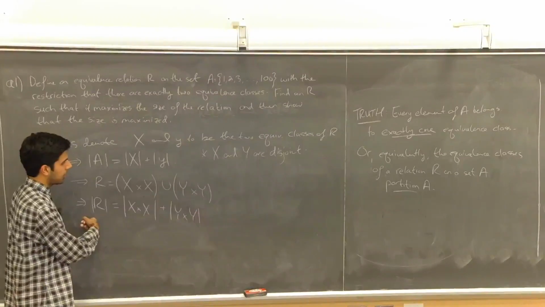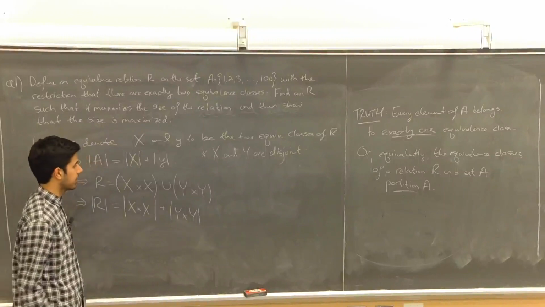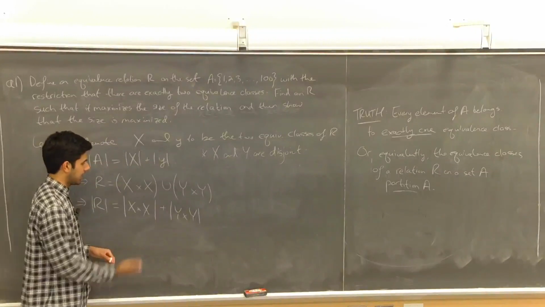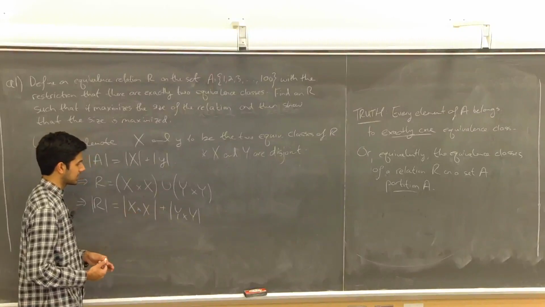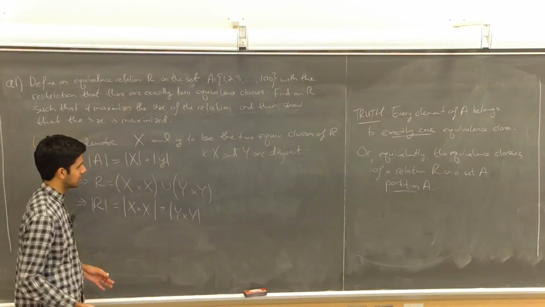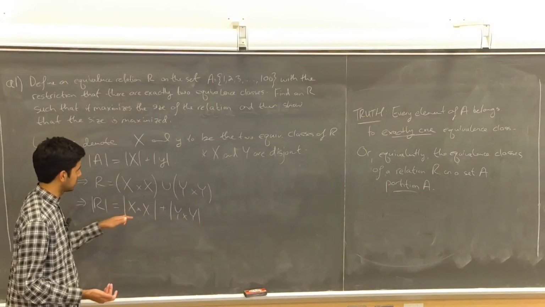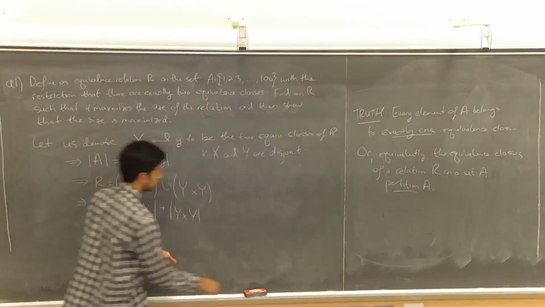The cardinality of R is just going to be the cardinality of these cross products summed together since they're disjoint. And if you remember the cardinality of a cross product, if they're both the same sets, it's just going to be equal to the cardinality of the first set times the cardinality of the second set. In this case, they're the same set, so this one will become X squared and this one will be Y squared.